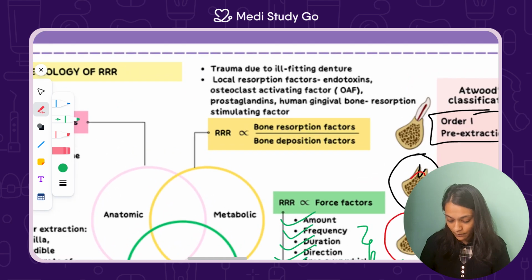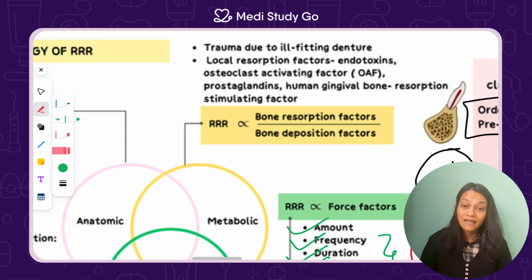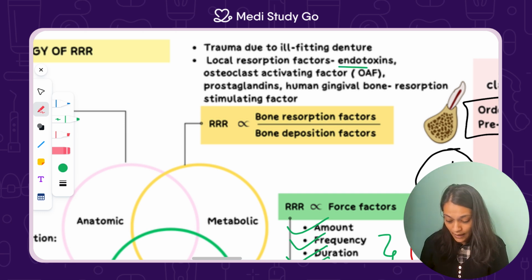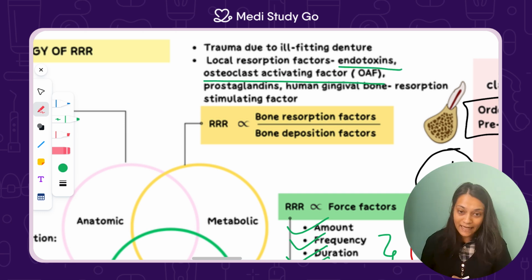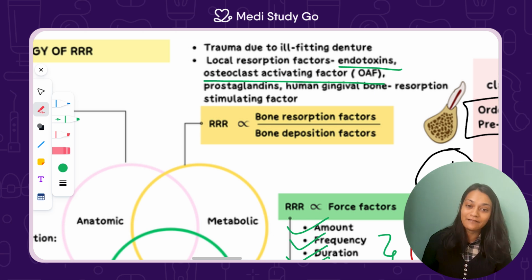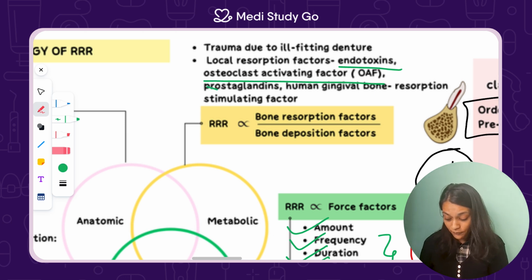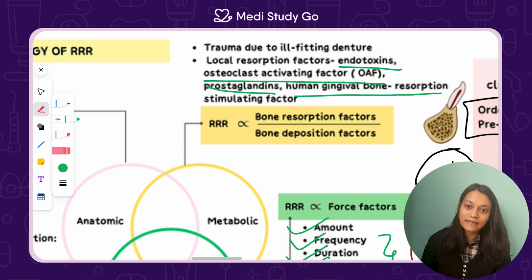Now, when we talk about the metabolic effect, it is anything that is related to an increase in osteoclastic activity. That can be any metabolic disease, osteoporosis that is present, or there can be local resorption factors like endotoxins, OAF, osteoclast activating factors, presence of prostaglandins, human gingival bone resorption stimulating factors.